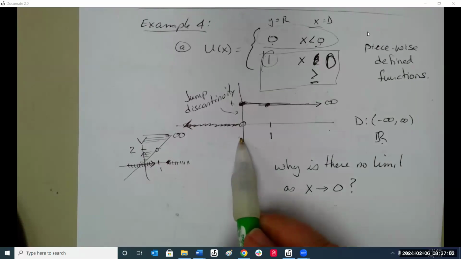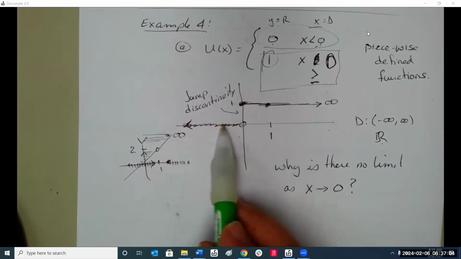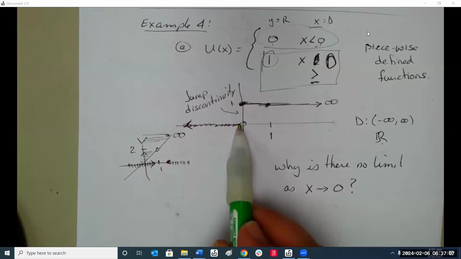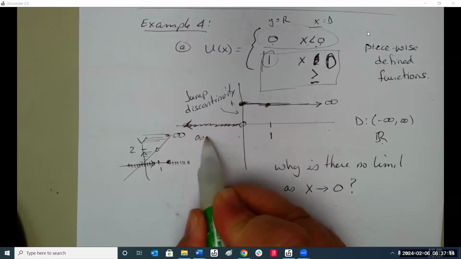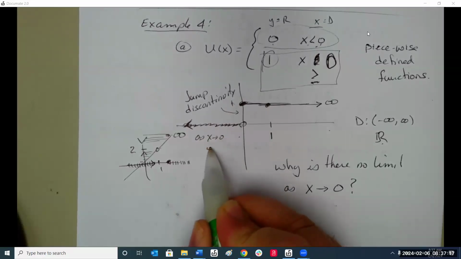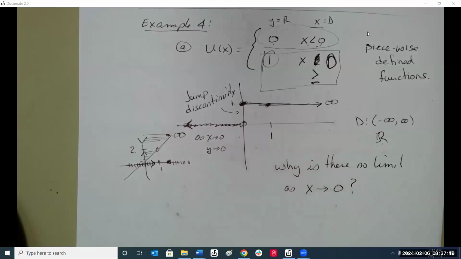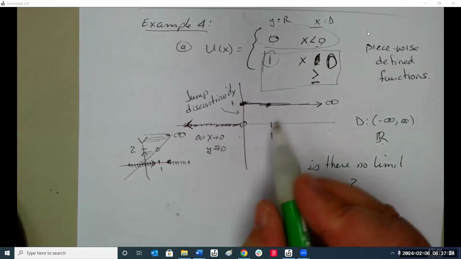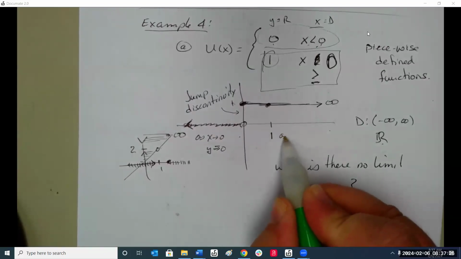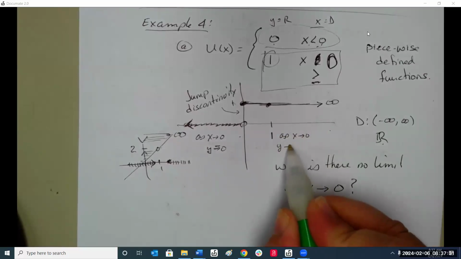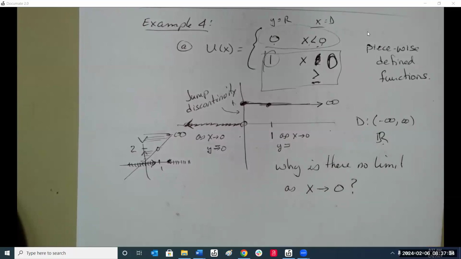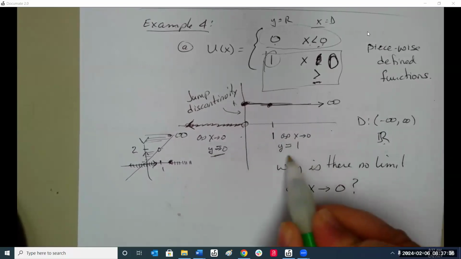Does this example do that? From the left-hand side, what value is it approaching? 0. As x approaches 0, y approaches 0, or y equals 0. So it's a constant function. On this side, as x approaches 0, y approaches or equals what number? Are they the same?